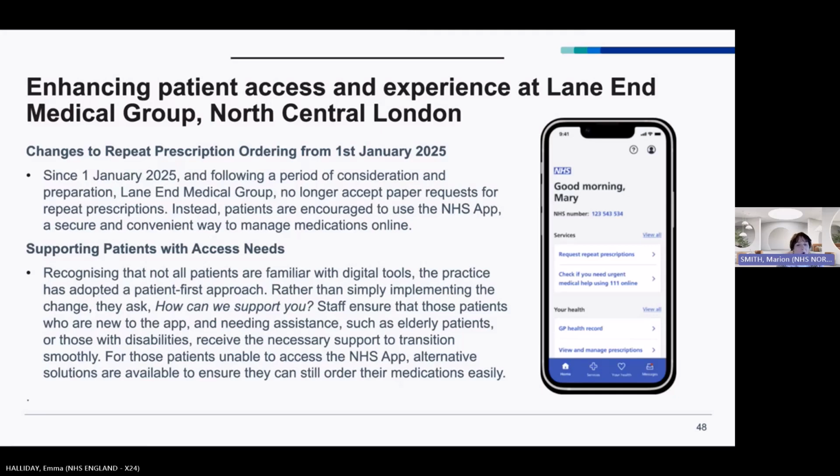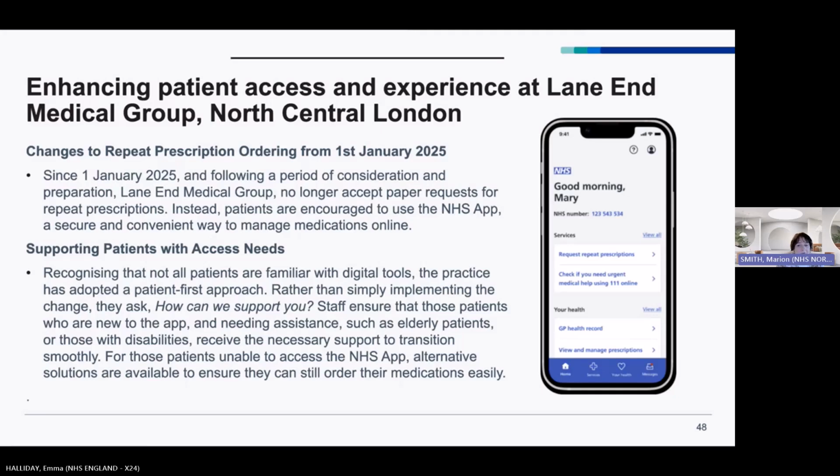And then also we've got to think about digital inclusion. Recognising that not all patients are familiar with digital tools, the practice adopted very much a patient-first approach. So rather than simply implementing the change, they asked, how can we support you to access repeat prescriptions in this instance? That was a core part of their approach in the consideration and preparation phase.